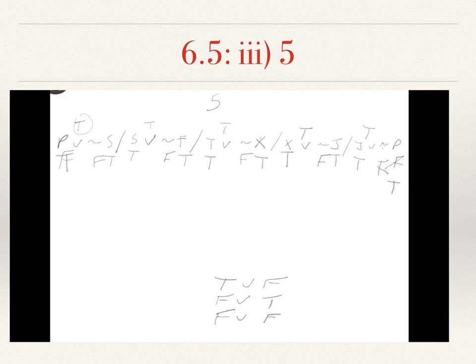So I went back to the original and made P true instead. So P is true, and it gets negated, it becomes false. True or false is still true. And by changing P, I didn't change J, I only changed P, and P was in none of the other statements, and I was able to make all the other statements true. So I was able to make all the statements true. So therefore, this is consistent.